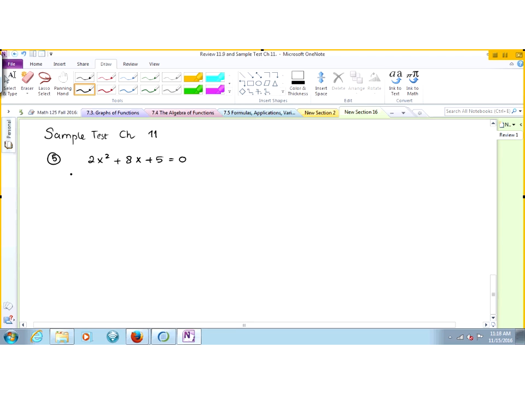If I need to use the quadratic formula, what is the formula? x is equal to negative b plus or minus square root of b squared minus 4ac, all over 2a. I want you to remember it's all over 2a, so I don't want to see something like this.